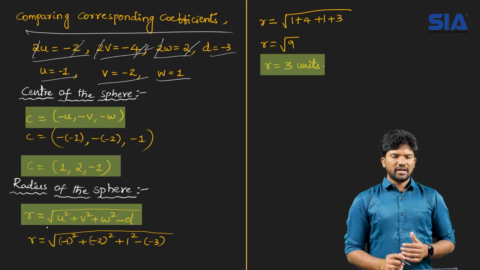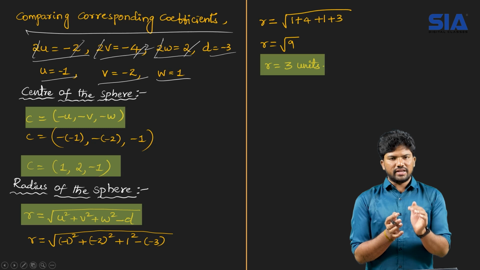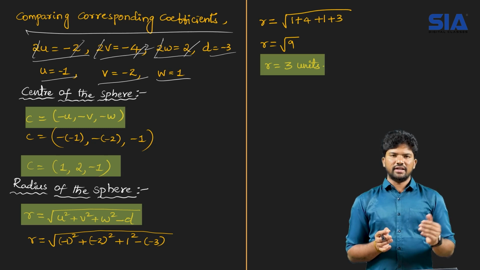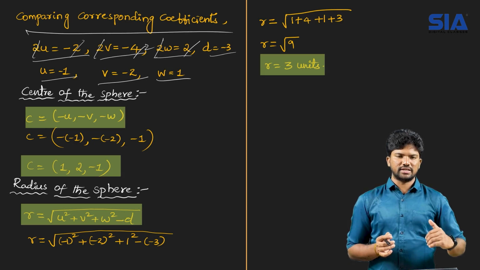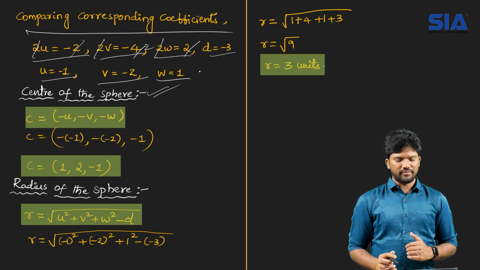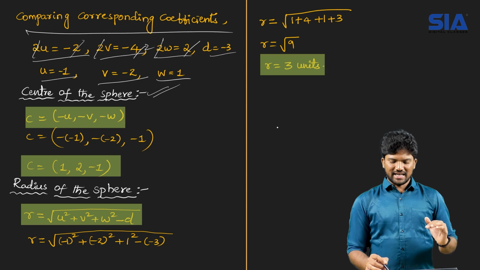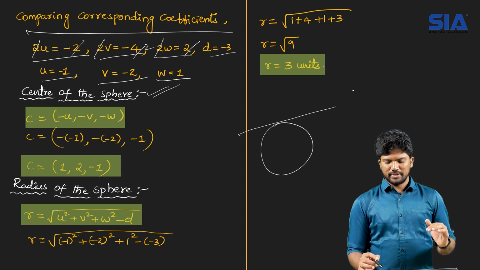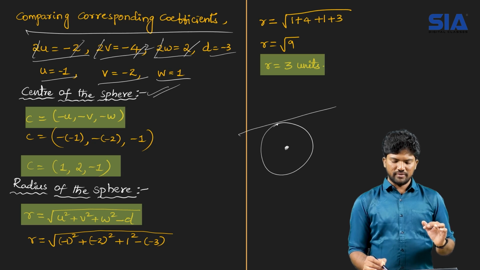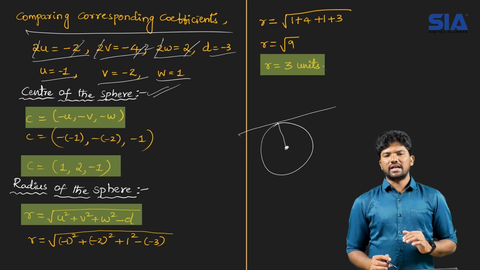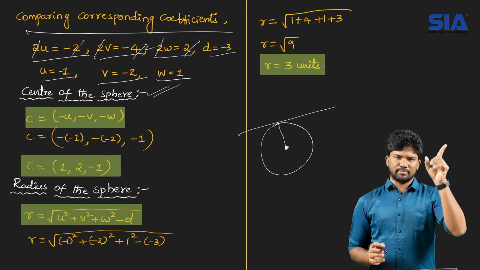Now the next step is finding the center of the sphere. Why? Because the given plane touches the sphere. Touches the sphere means we have to find the perpendicular distance from the center of the sphere to that plane.